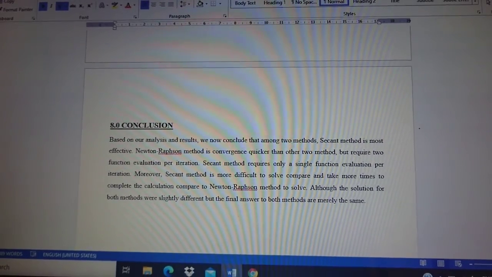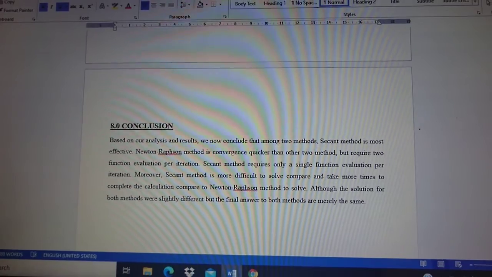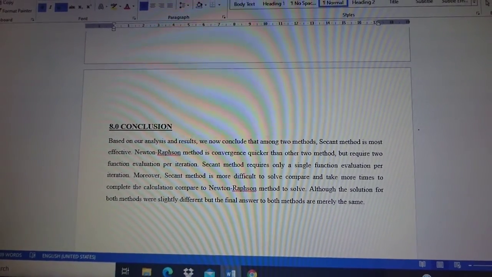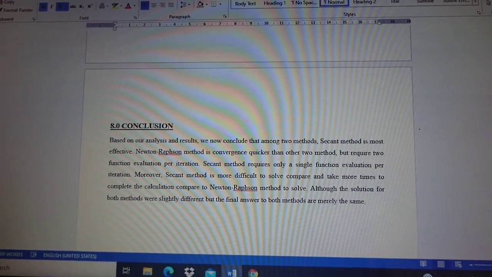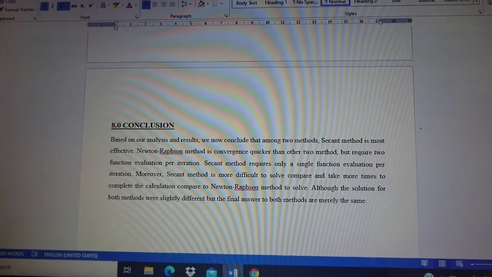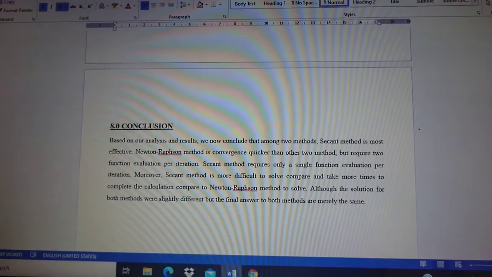The conclusion is, based on our analysis, we conclude that among the methods, the secant method is most effective. Newton-Raphson converges quicker than the other methods, but requires 2 function evaluations per iteration.